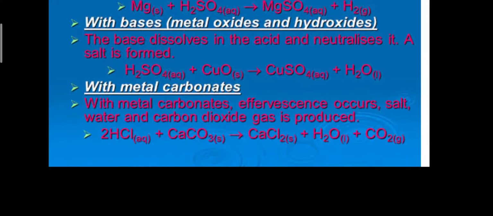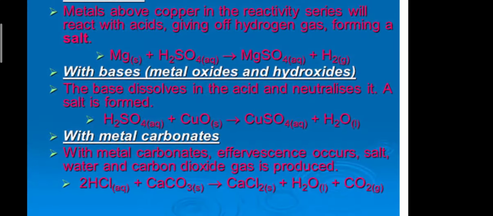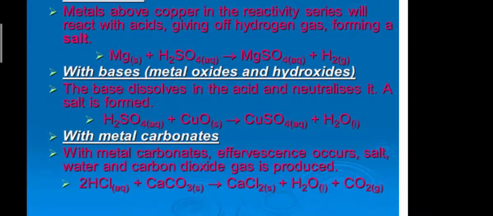With metal carbonates, effervescence occurs, and salt, water and carbon dioxide gas are produced. When acids react with metal carbonates, they produce salt, water and carbon dioxide. For example, when HCl reacts with calcium carbonate, calcium chloride, water and carbon dioxide are formed.